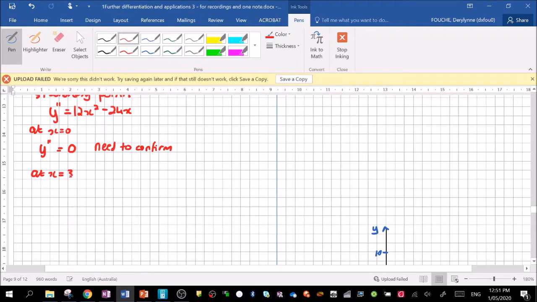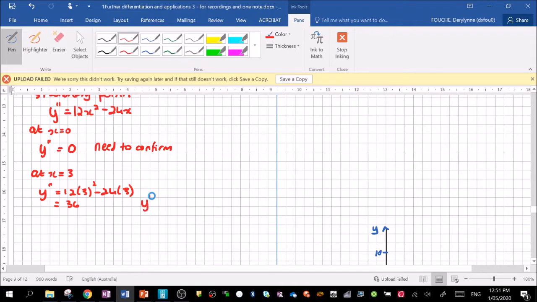At x equals 3, y double dashed is going to be 12 times 3 squared minus 24 times 3. And that gives me positive 36.